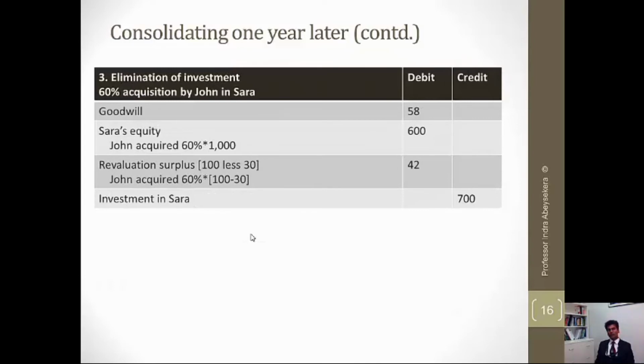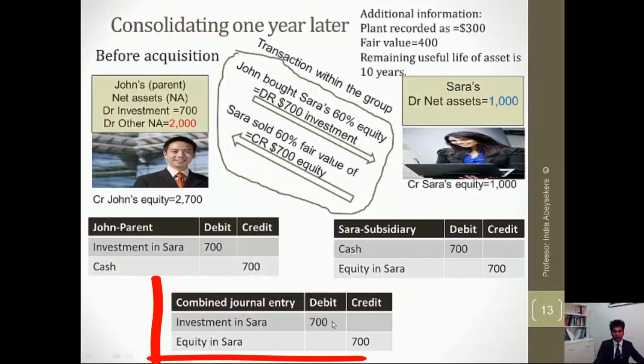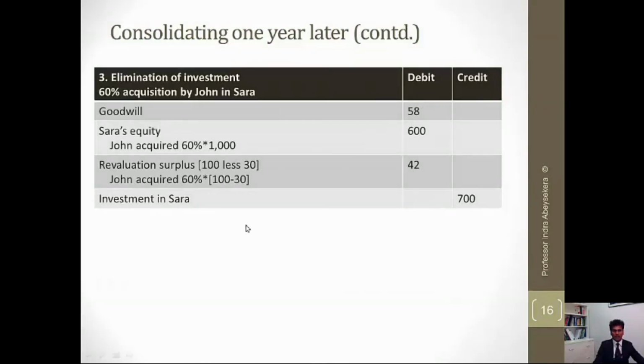Now we do the third entry, step 3, elimination of investment, and try to find out steps 2 and 3, and then find out whether there's goodwill. So we reverse the investment. Sarah's equity that was purchased at that time was 1,000 times 60%, 600.